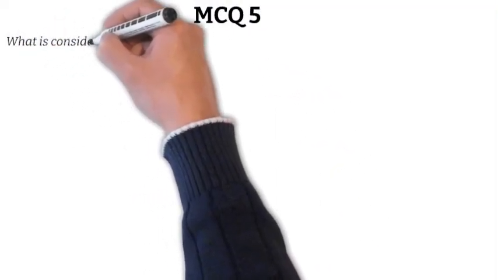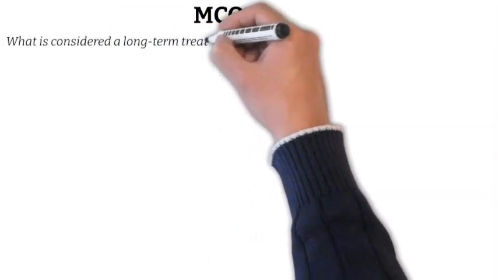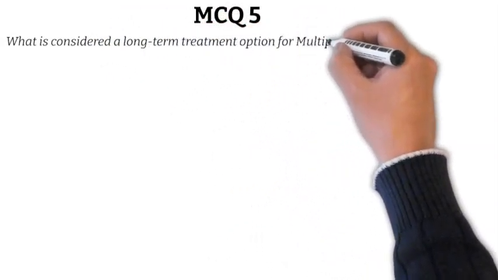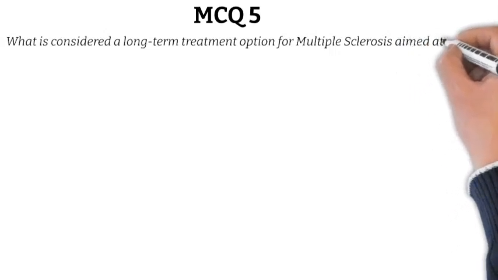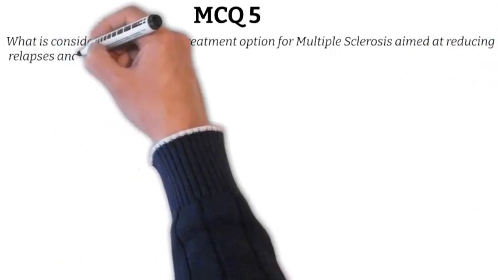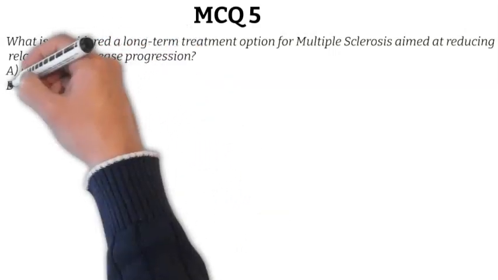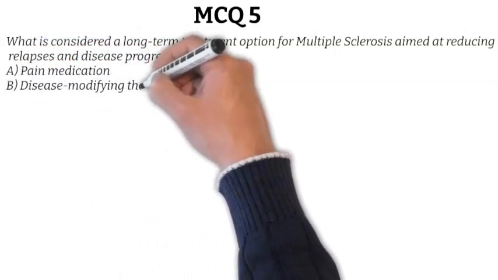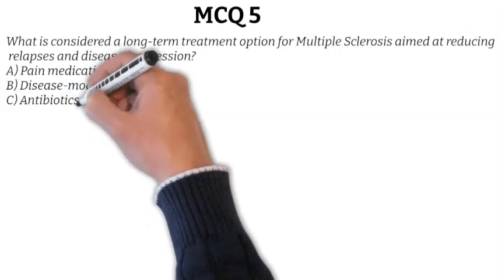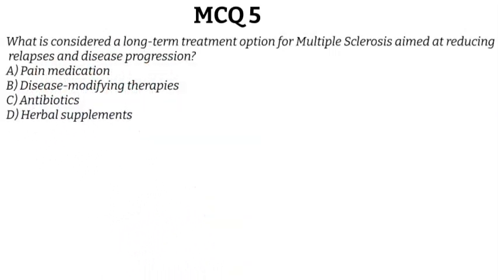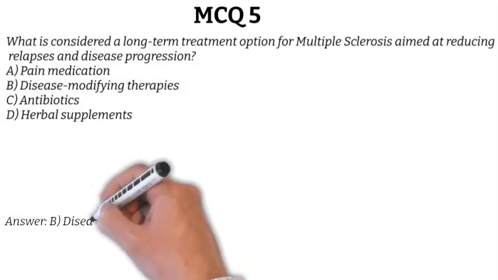The last multiple choice question. What is considered a long-term treatment option for multiple sclerosis aimed at reducing relapses and disease progression? So is it pain medication, or disease modifying therapies, or antibiotics, or herbal supplements?